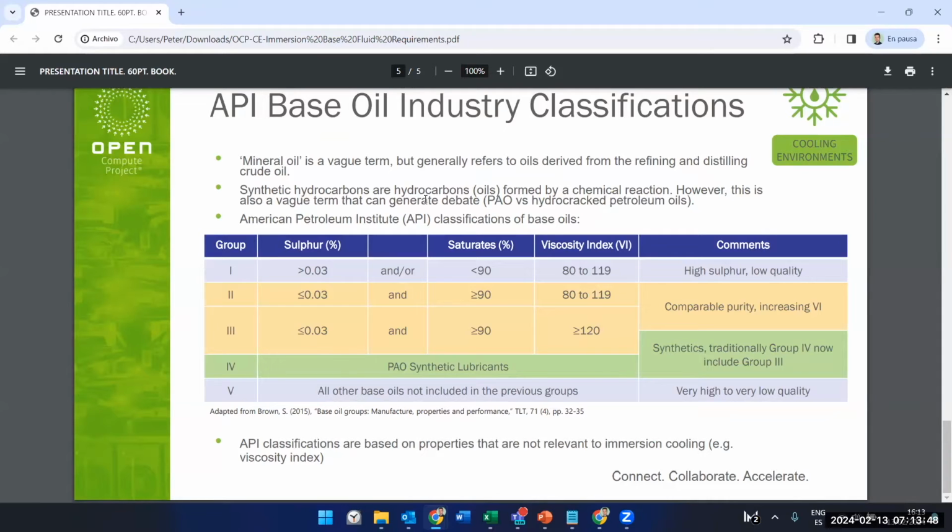So I think at the end of the day, if we were to take directly some of these group definitions, we're using definitions that are based on a completely different industry, on different properties and requirements, right? So that's the point I'm going to leave it.